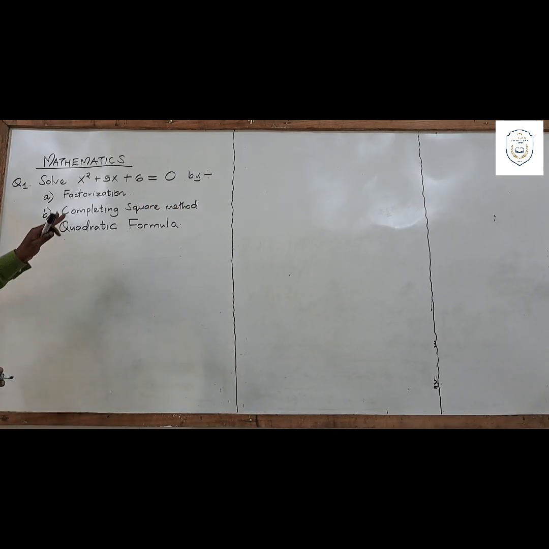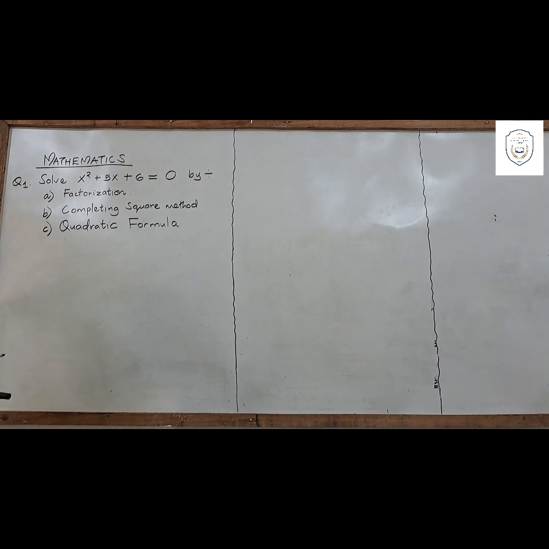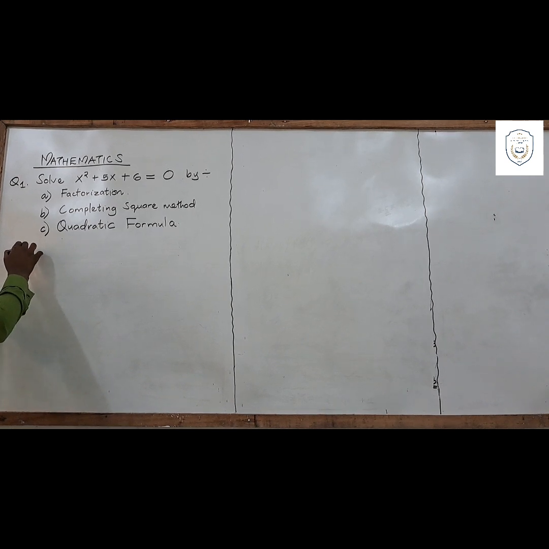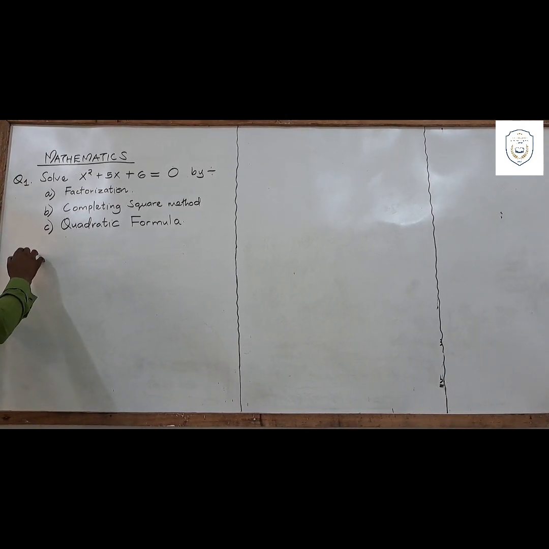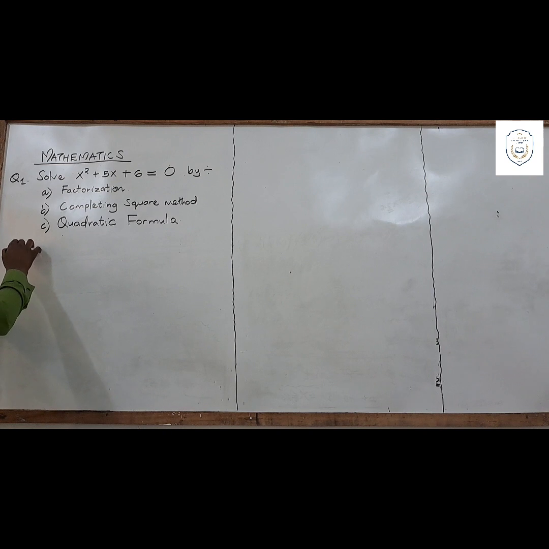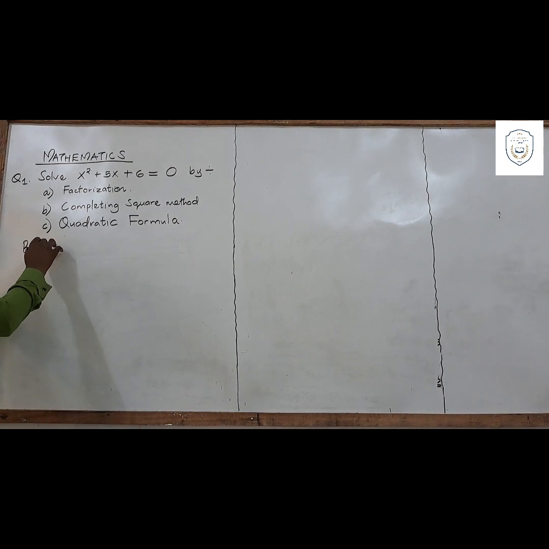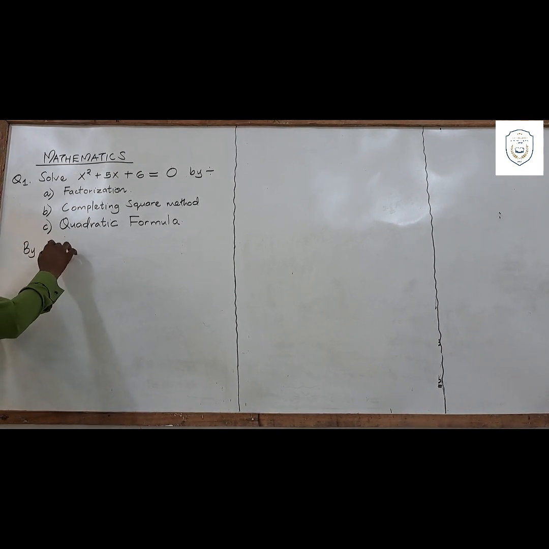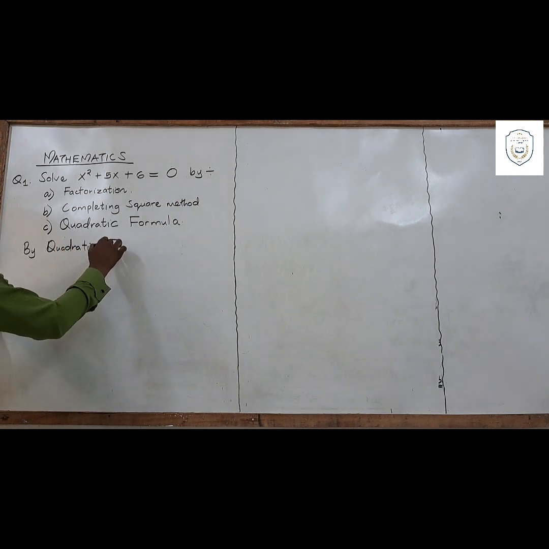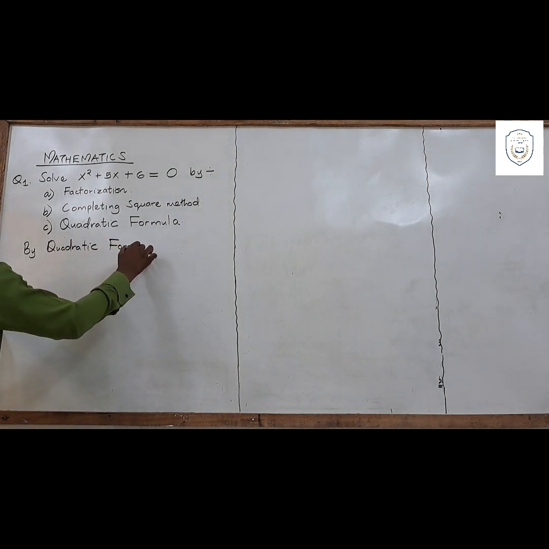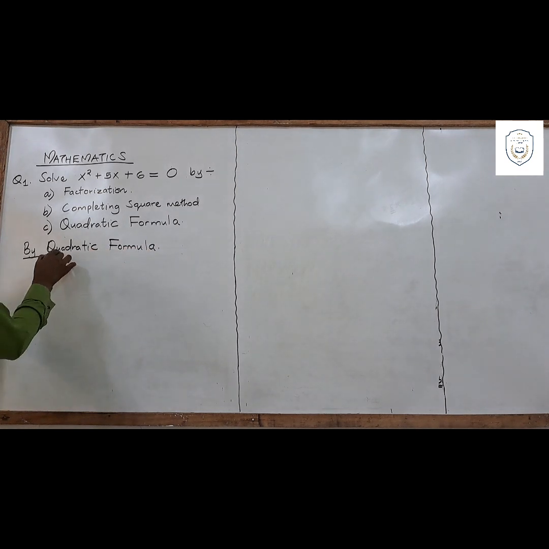Now we want to solve this with the last method, that is the quadratic formula. Now, when solving quadratic equations using the quadratic formula, first you need to know the quadratic formula. So what is this quadratic formula?